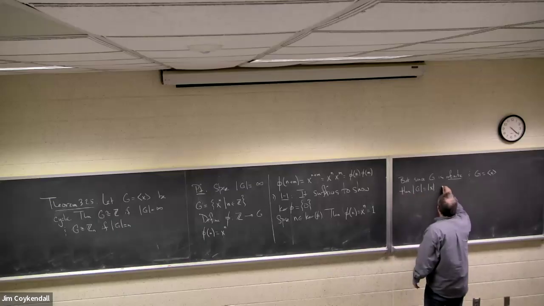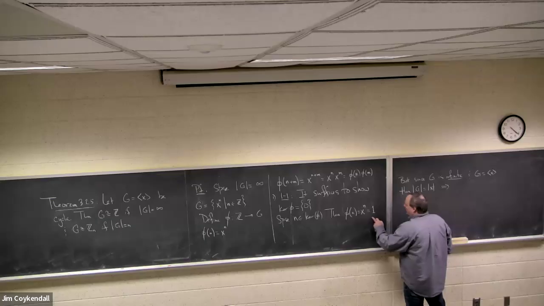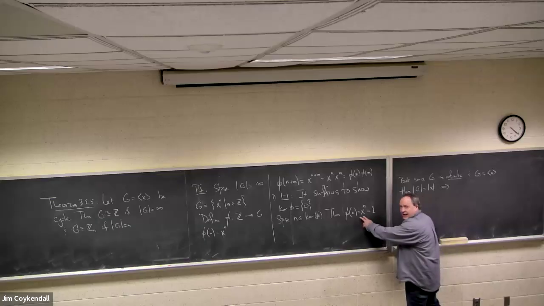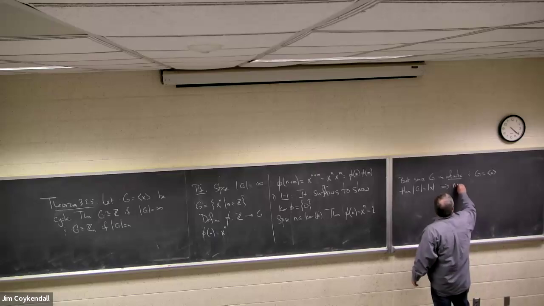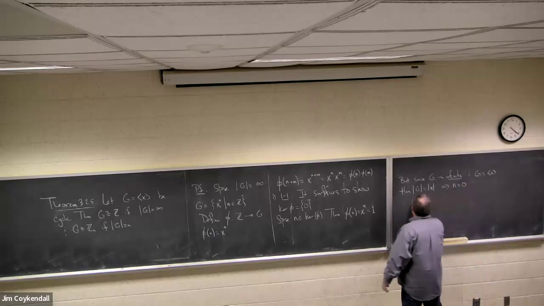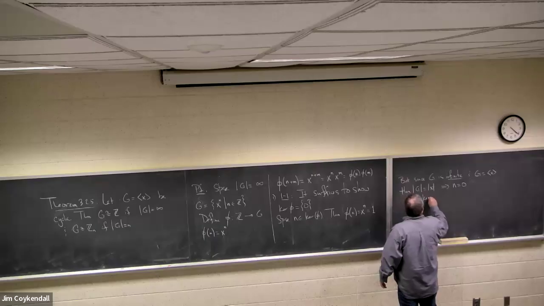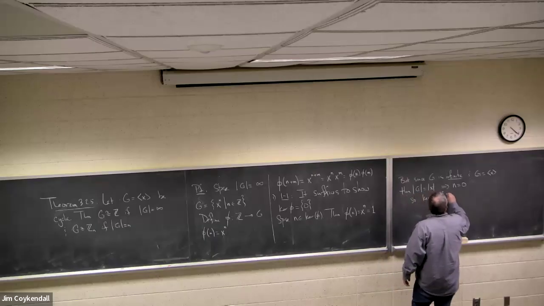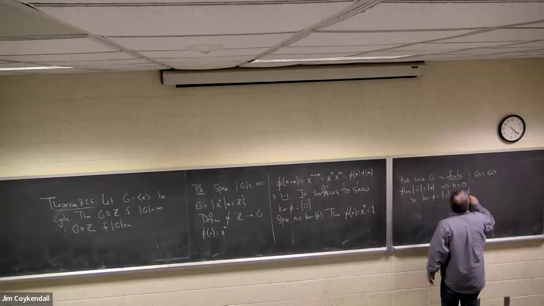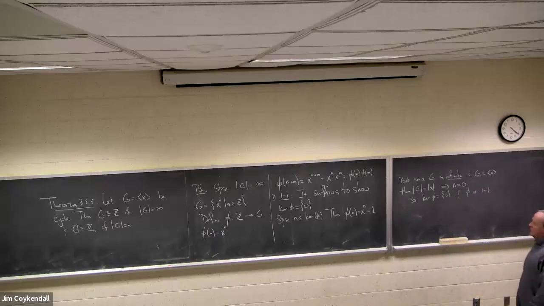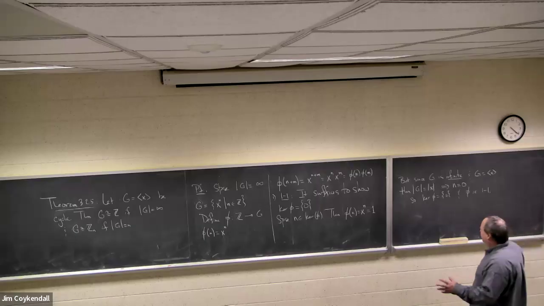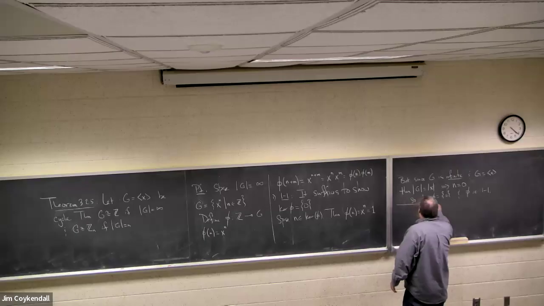And this implies, since x to the n equals 1, n can't be positive because the order of x has to be infinite, so n equals 0. So the kernel of phi is 0 and phi is one-to-one. Okay, how about onto? That's clearer in a certain sense.